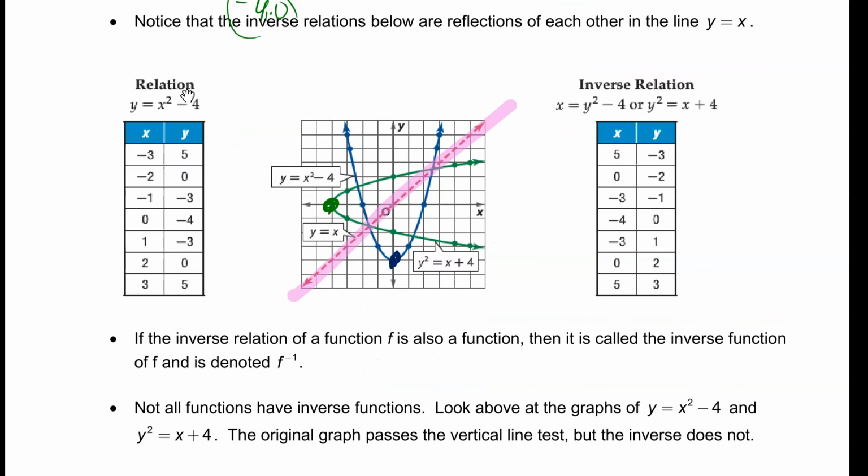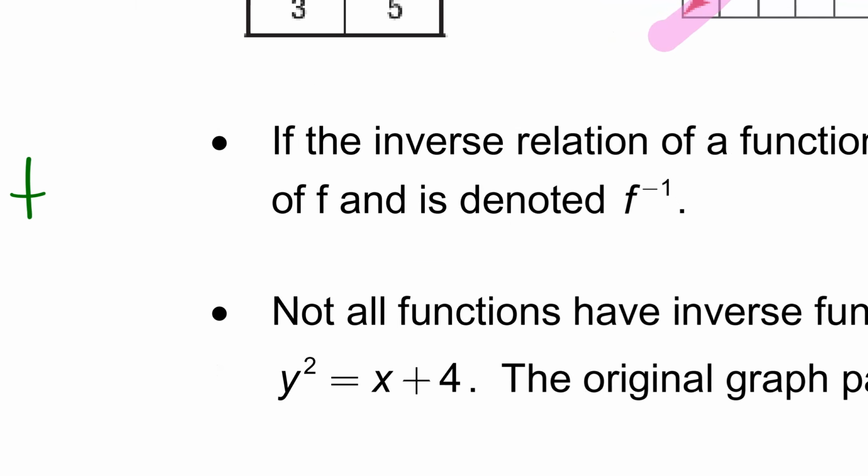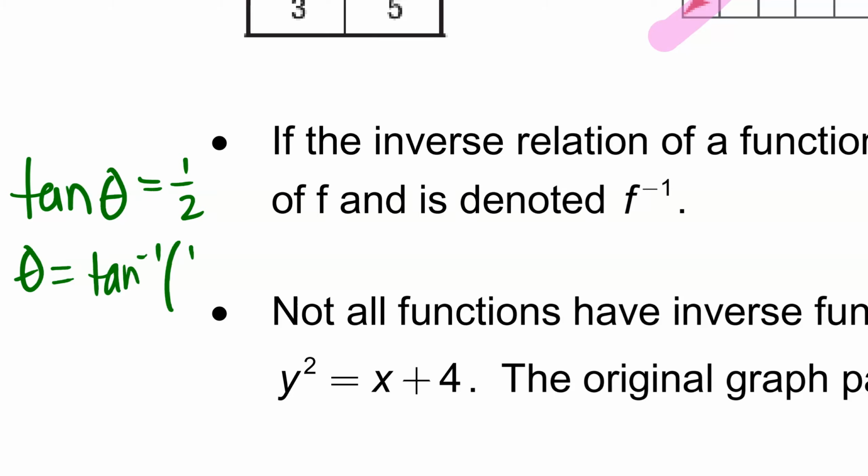If the inverse relation of a function f is also a function, it's called the inverse function, and you denote it as f to the negative 1. You've seen inverse functions before, right? We've talked about, if tangent of theta equals 1/2, what is our angle? How would we find it? The inverse.